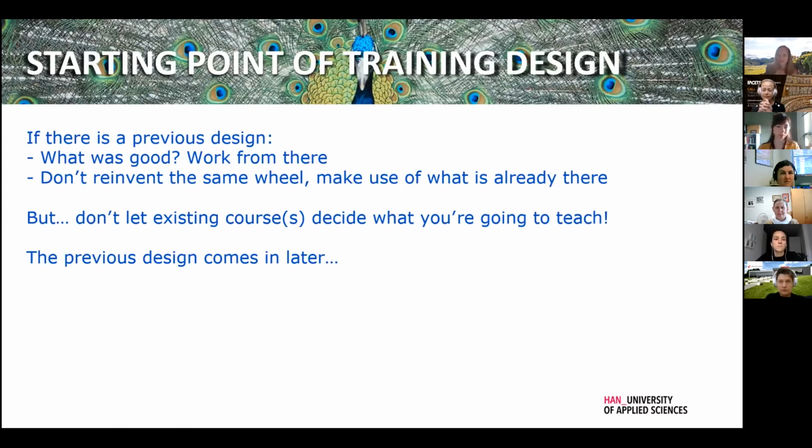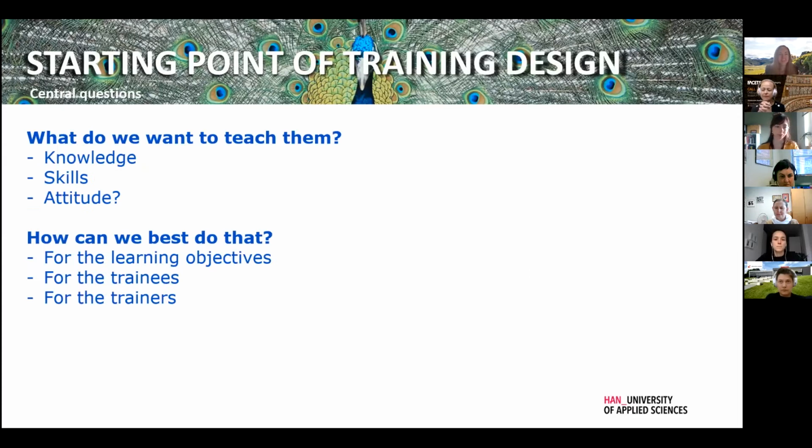So then, what is the first step here? For that, I have two central questions in mind. The first is, what do we want to teach them? Some knowledge, some skills, maybe if we can work on attitude. And once you know what we actually want to teach them, then the next question is, how can we best do that?